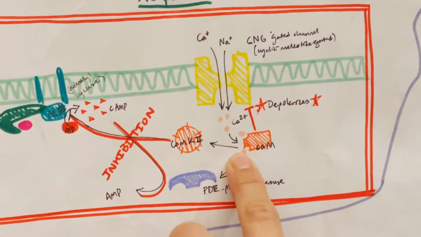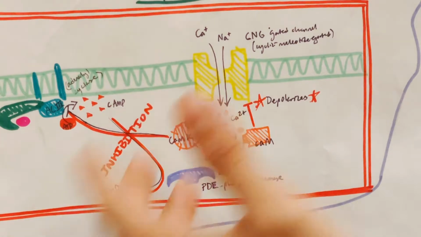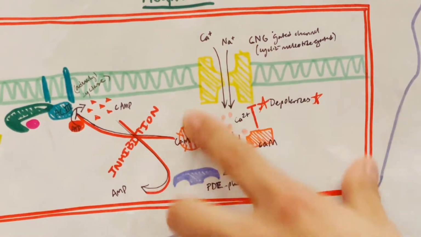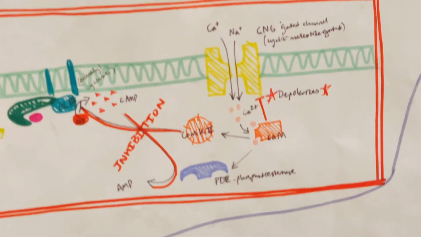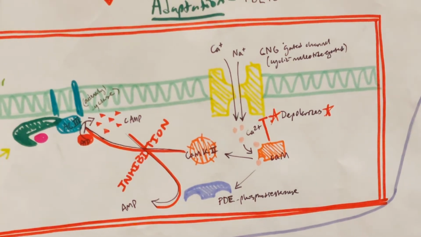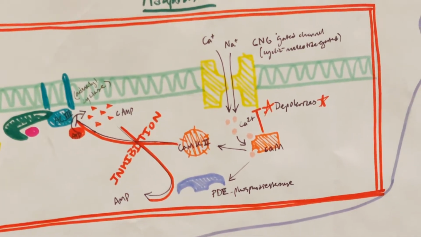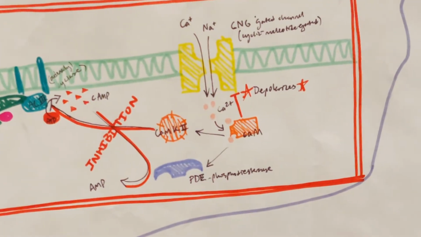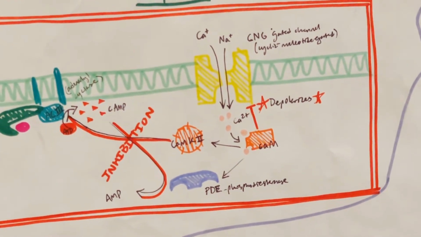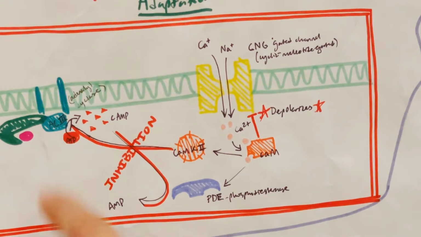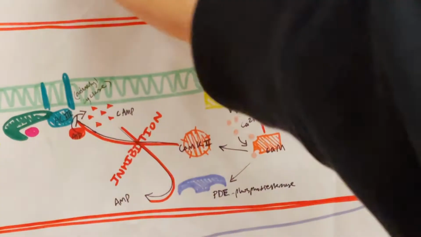And obviously, once calcium and sodium flow in, that's what causes the cell to be depolarized, which is creating the action potential. So to reiterate, the cAMP binds to the channels in the membrane of the cilia, and that causes the action potential.